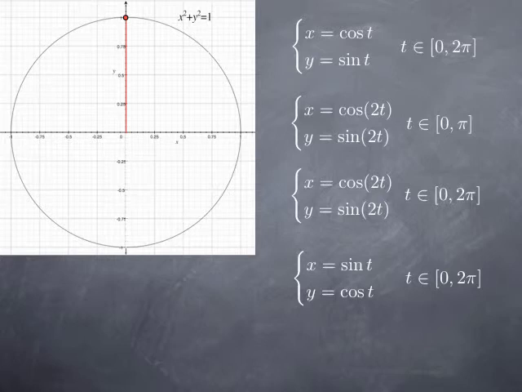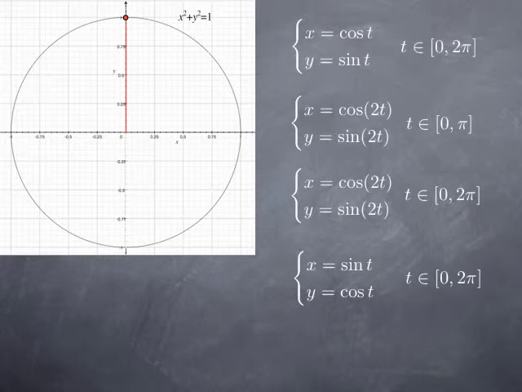And as t increases from 0 to, say, pi over 2, then the sine is going to increase from 0 to 1, that is x is going to increase from 0 to 1, while y is going to decrease from 1 to 0. And therefore, we're going to describe the circle clockwise by turning around the circle once clockwise.